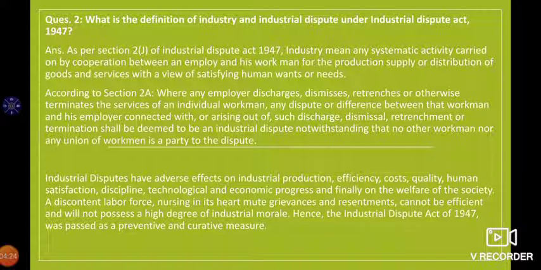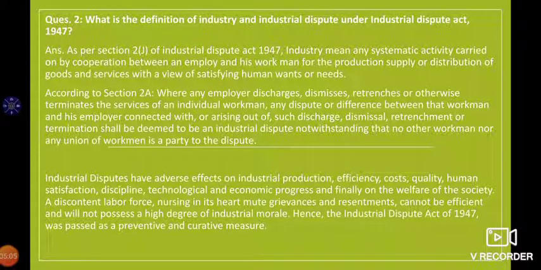Whatever has been decided between the employer and employee, if it is not according to that, and the employee has been terminated, and there is any dispute or difference between that workman and his employer connected with or arising out of such discharge, dismissal, retrenchment or termination, it shall be deemed to be an industrial dispute, notwithstanding that no other workman nor any union of workmen is party to the dispute, right?